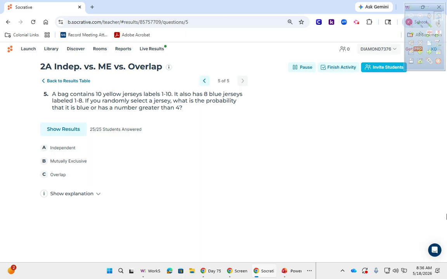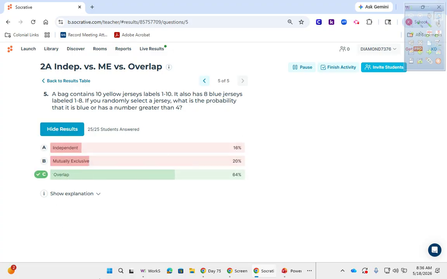If there's no blue jerseys that are greater than 4, then it's mutually exclusive. So there are blue jerseys. It says blue jerseys are 1 through 8. So I've got a blue 5, a blue 6, a blue 7, and a blue 8 that are blue and greater than 4, which is why this one's an overlap. It can't be independent because I'm only picking 1. And it's not mutually exclusive because there are common outcomes.